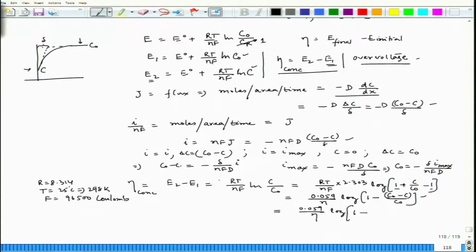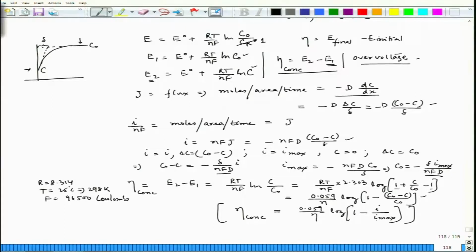So, if we put them, delta as well as this nFD part would get cancelled. So, we will be left with this equation. So, this is the expression for concentration overvoltage.